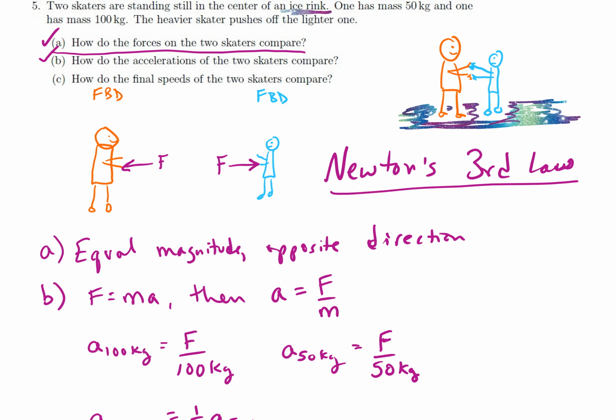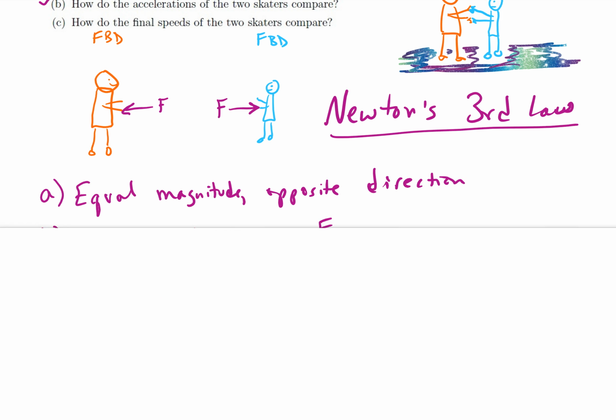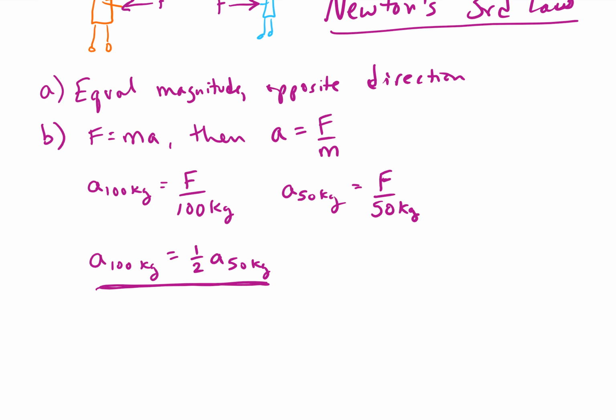So now for part C, how do the final speeds of the two skaters compare? We know the speed is going to be equal to v naught plus at, but they start at rest, so v naught is 0, so v is just equal to at.